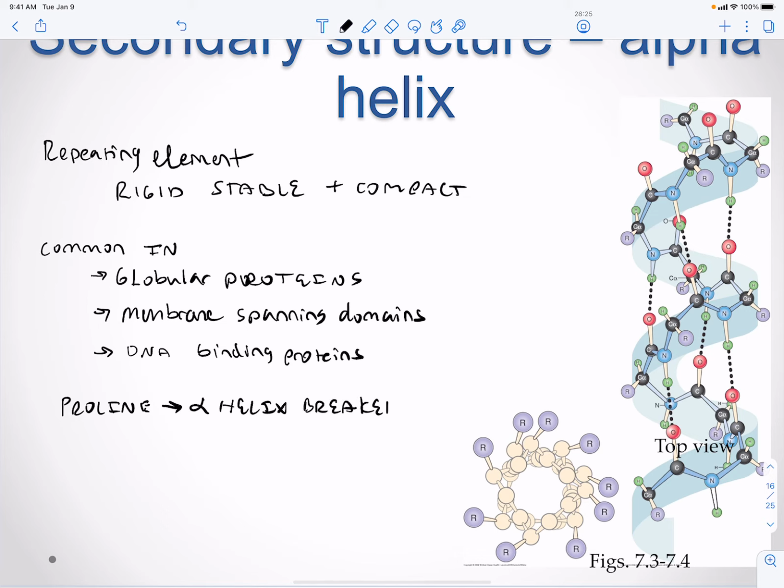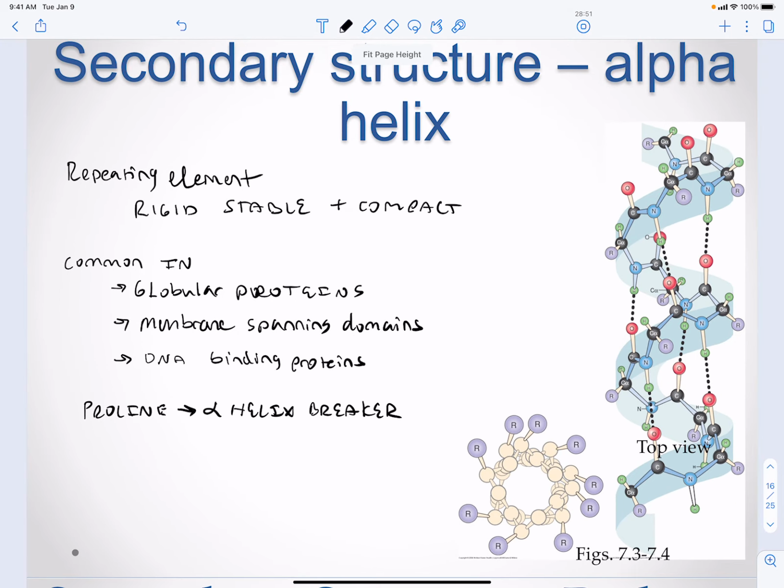We talked about proline a little bit in our amino acid lecture, and how proline has a unique cyclic structure that makes it very, very rigid. And so it tends to bring too much rigidity to the alpha helix, and the alpha helix cannot fold properly, and it actually breaks.